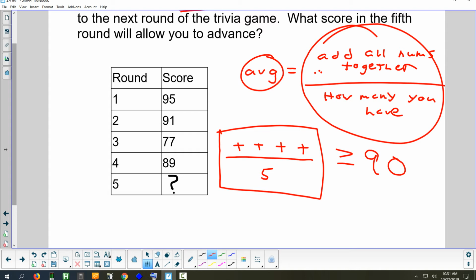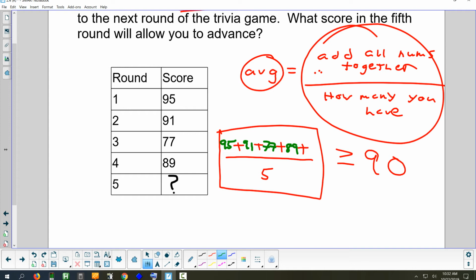What's the first score that I'm going to add up? 95. 95 plus the next score, 91, the next score, 77, next score, 89. So that's what you got in rounds 1, 2, 3, and 4. How can we represent the score in round 5 right now?